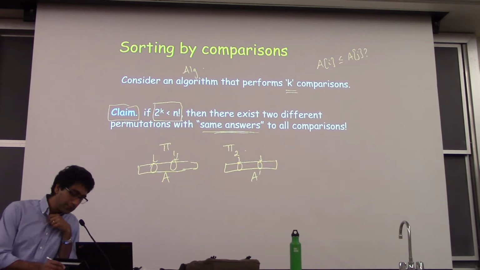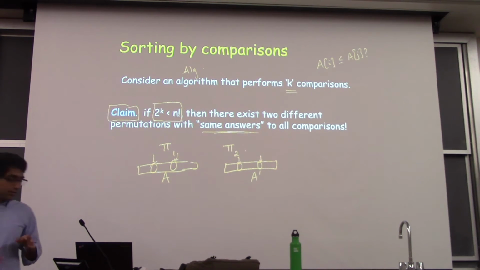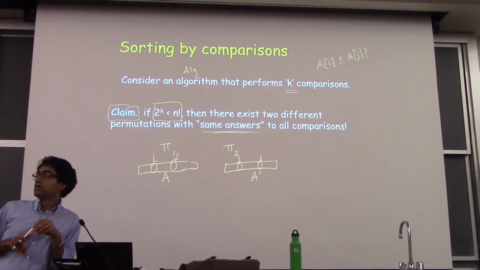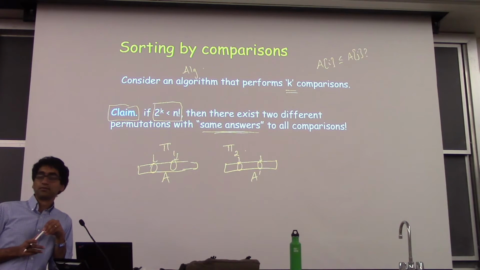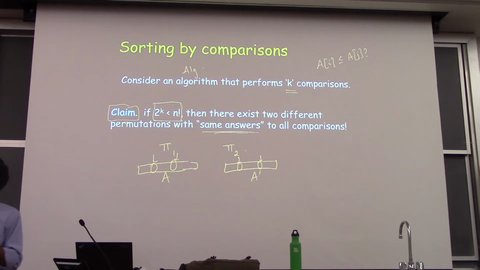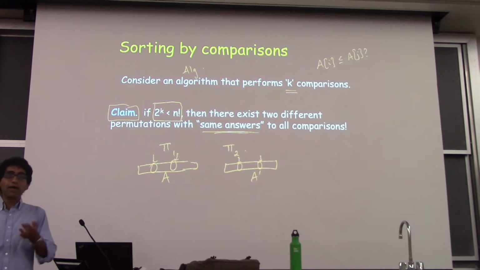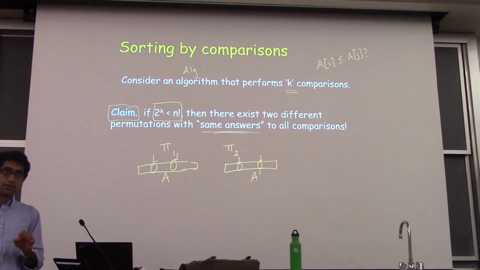If 2 to the k is smaller than n factorial, then there exist two different permutations for which all the answers will be exactly the same. And the reason for this is the pigeonhole principle. If you ask k questions, there are only 2 to the k answers, and if you have n factorial different permutations, and n factorial is bigger than 2 to the k, then two of the permutations must have the same set of answers.